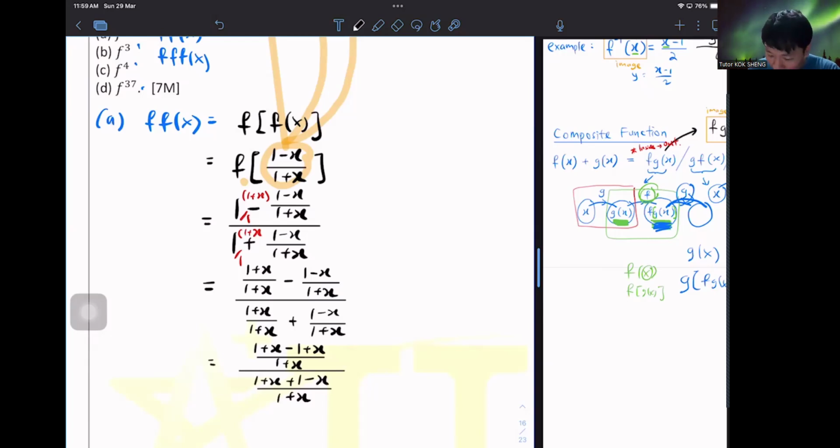Oh yeah, by the way, for the one on top here, because of the minus, you have to minus both. You have to minus 1 and also minus negative x. Write carefully, so many fractions here.